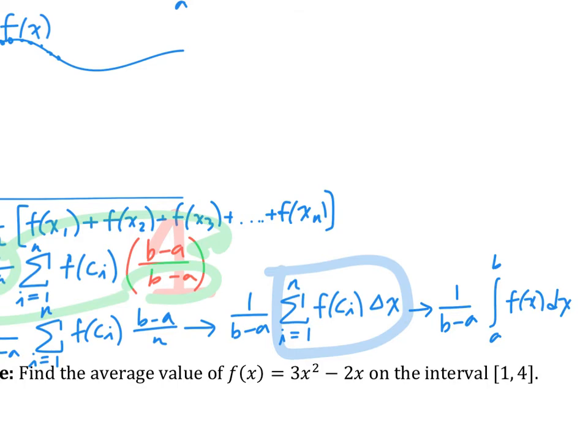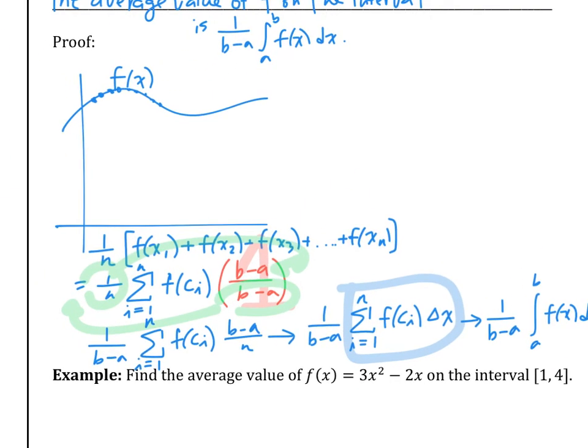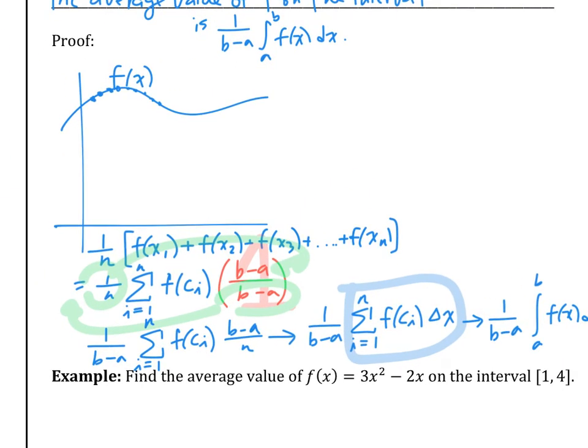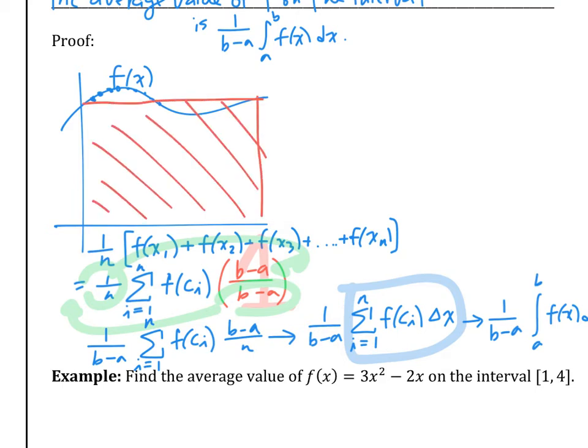Okay, another way to think about it graphically. Looking at that graph, where do you think the average y value is? You have a graph like this. Where do you think the average is? Middle, right? It has to be around the middle. Is it c? Yes, it is just the mean value theorem.